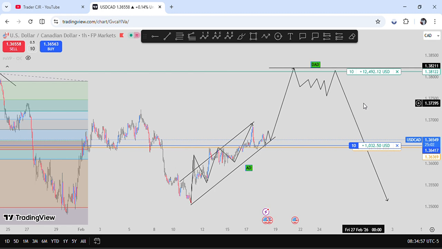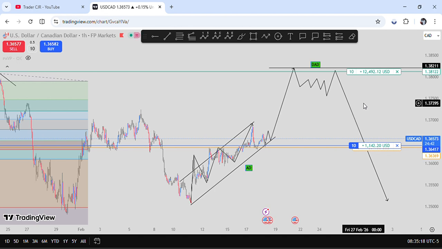Some people say you need to trade only one pair, but personally for me, I prefer trading three pairs because during the days when I don't have setups on another pair, I can actually have a setup on some of the pairs.